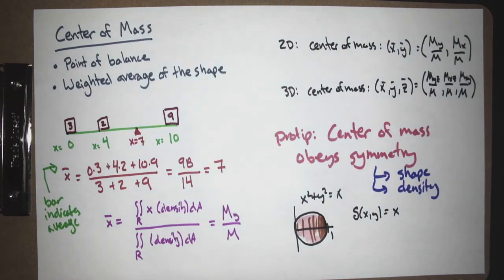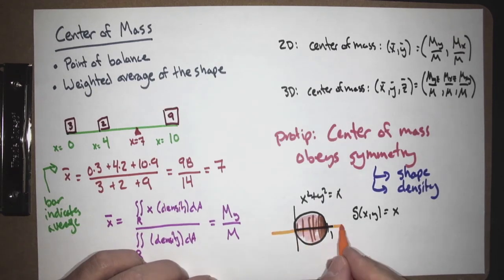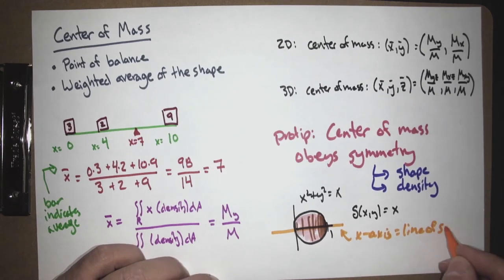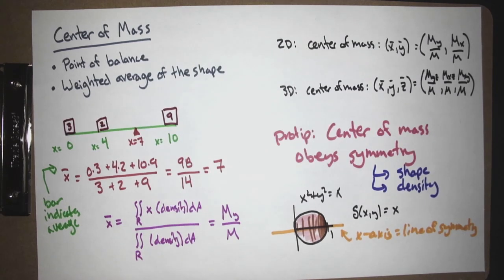Does this have a symmetry? Yeah, where? Yeah, the x-axis. So here, the x-axis is a line of symmetry. Now, that says that the center of mass has to be on that line. So what conclusion do we make?